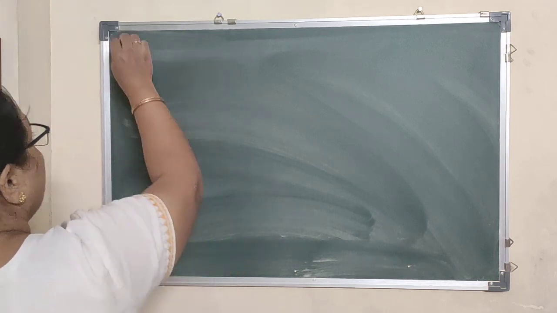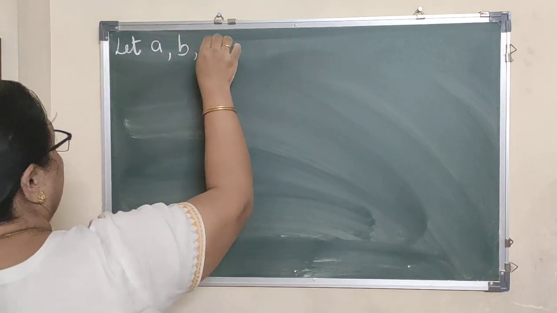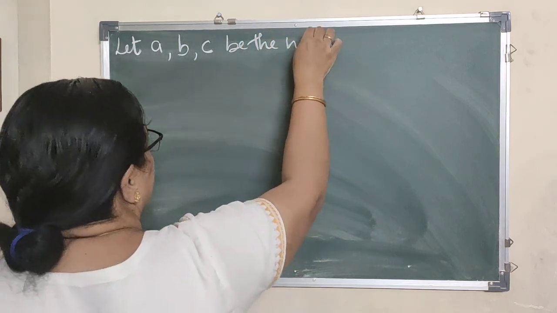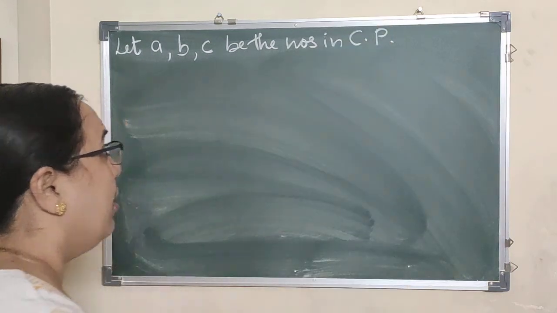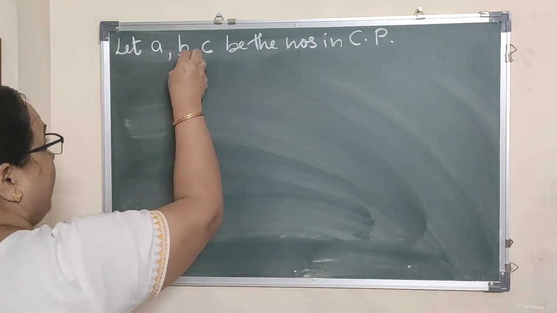The third question says 3 numbers are in continued proportion. So let us assume A, B, C be the numbers in continued proportion. Then according to the given condition, B is the mean proportional.